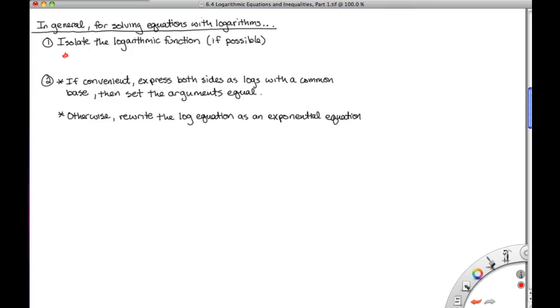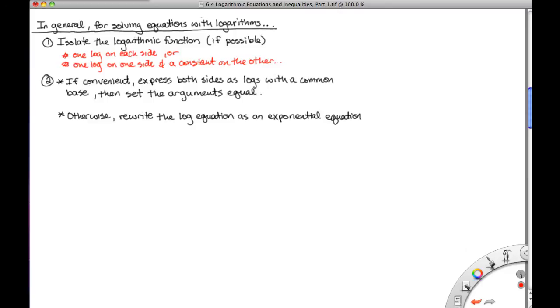This might mean 1 log on each side, like our first example, or it could be 1 log on one side and a constant on the other. So this is going to be our initial goal, and this isn't always going to work, but this is usually what we can go for.